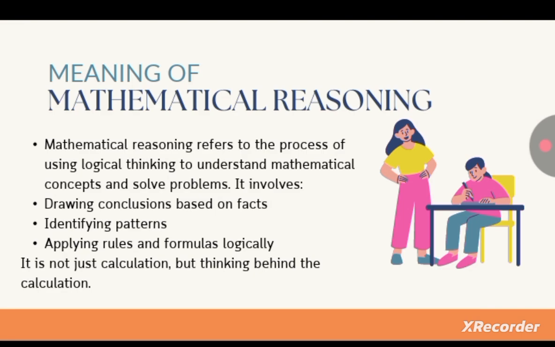It is not just calculations, but the thinking behind the calculations. We are not merely focusing on the calculation aspects of numbers, but digging deeper into the conceptual aspects of numbers. So this is what we call mathematical reasoning, the process of using logic as the central means of thinking.